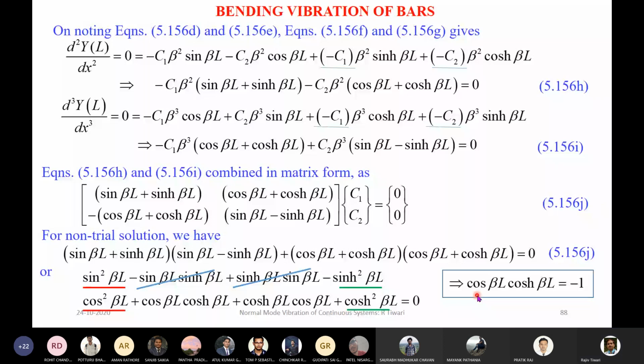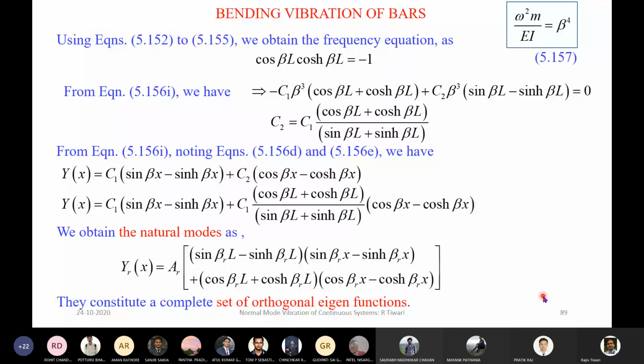Here the equations are more in number because the terms are more, but the procedure remains the same, and we got a frequency equation like this. This usually will give an infinite number of solutions. We need to solve numerically to get the solutions of this. So this is the frequency equation.